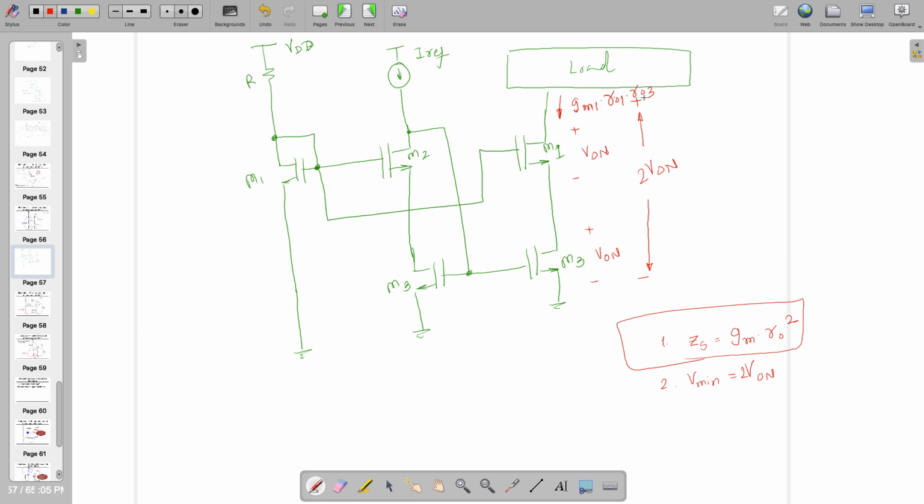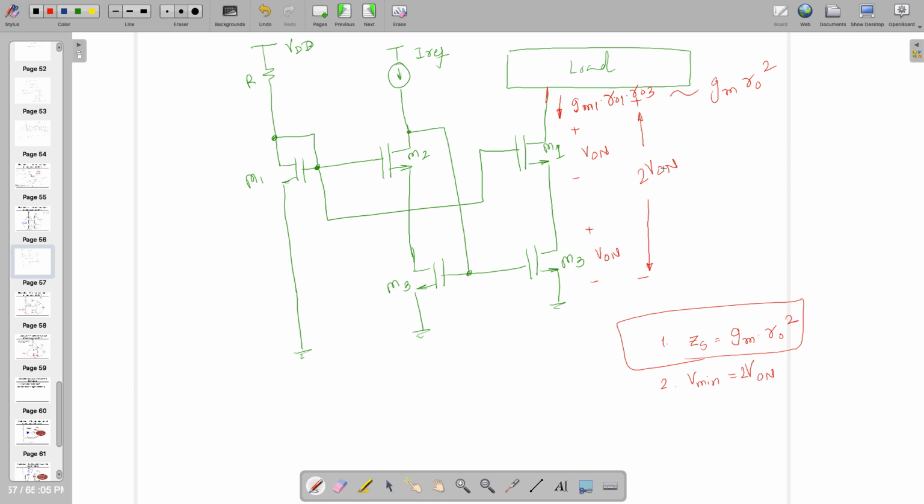If both the transistors are identical, having all the conditions the same, then it's GM times RO square. That's the resistance you are seeing from this terminal. And I fixed it. I want to see only 2 V on. I don't want to see 2 V on plus VTH.